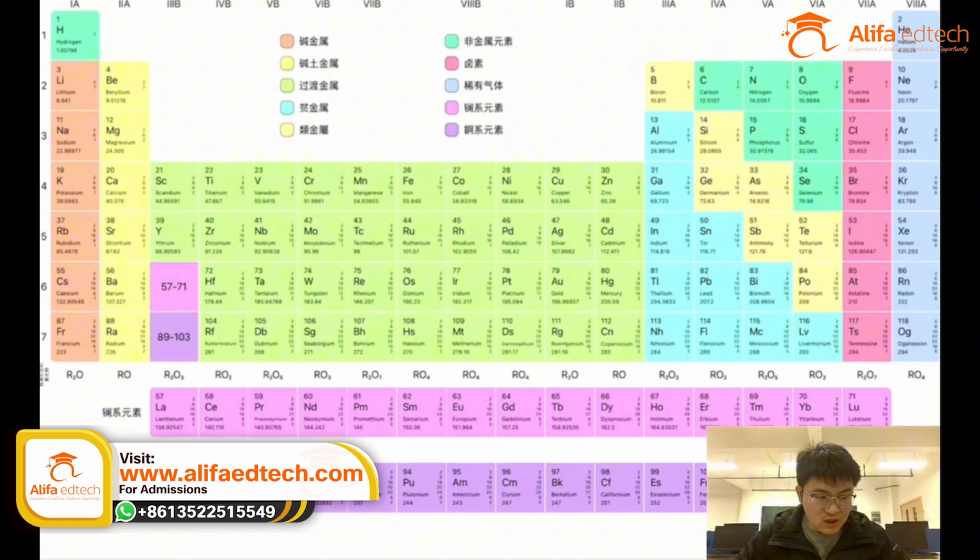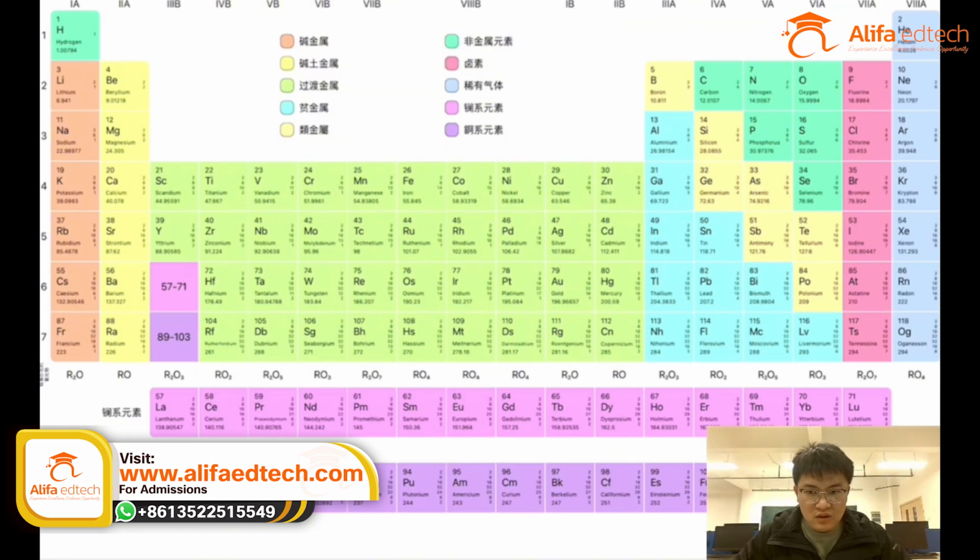They belong to a period but not the same group. C, hydrogen, carbon, and nitrogen do not belong to the same row. Do not belong to the same vertical line. They do not have a relationship of the same column or row. D, sodium, magnesium, and aluminum belong to the same horizontal line, the same period.